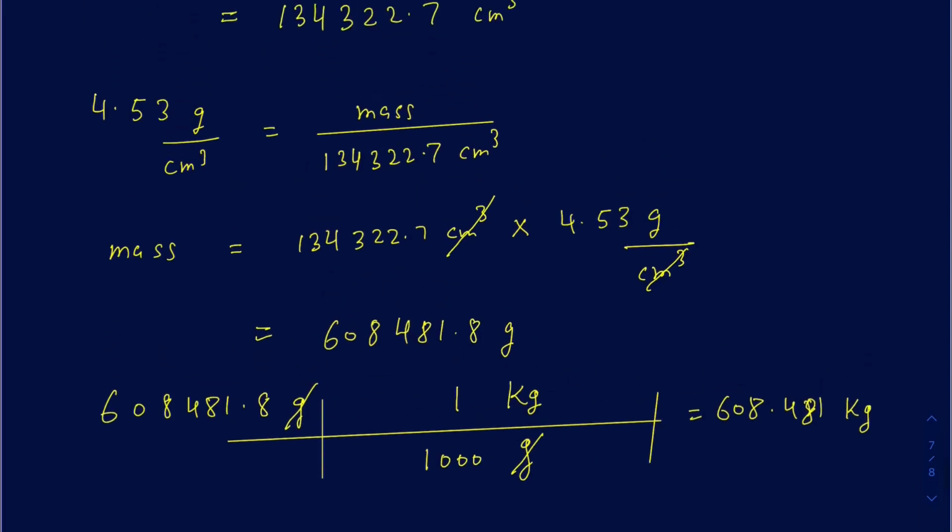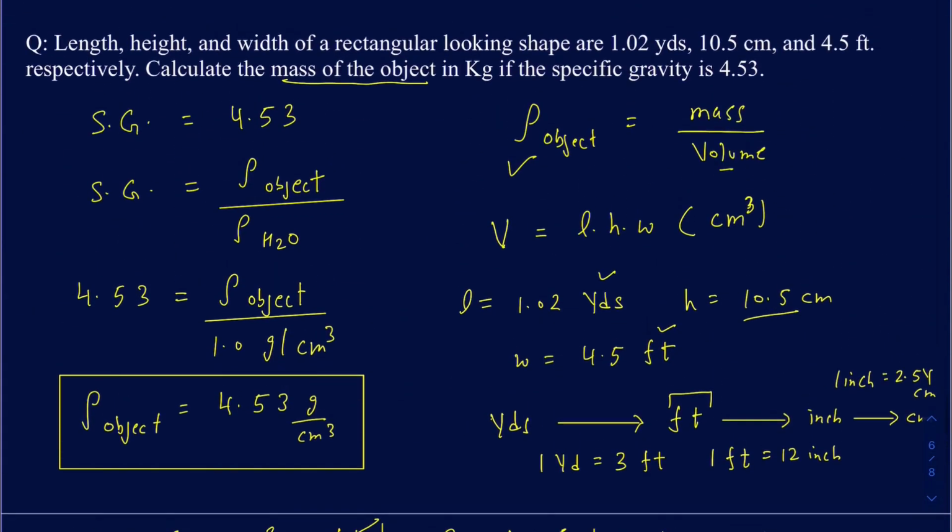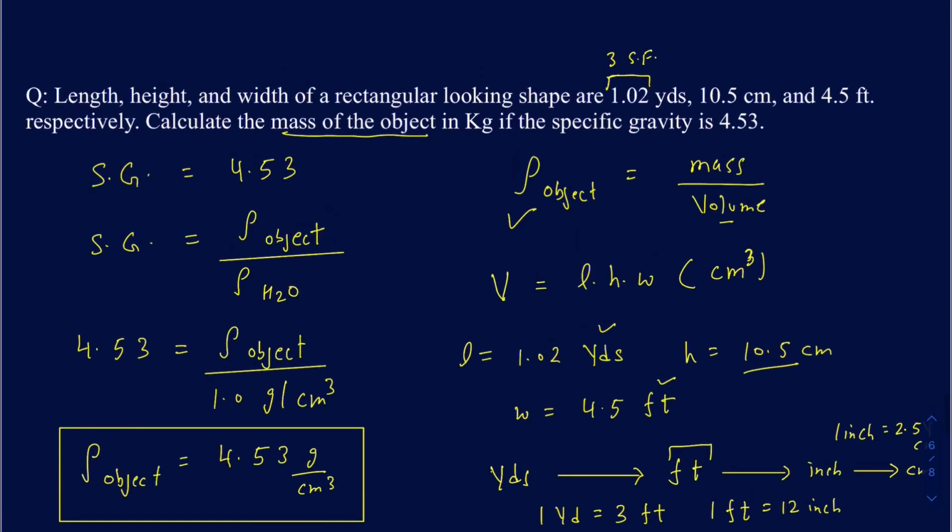And then you can go back and check how many sig figs you really need to keep. So if I go all the way back here, the lowest number of sig figs, so 1.02 has 3 sig figs. 10.5 also has 3 sig figs. This 4.5 actually has 2 sig figs.